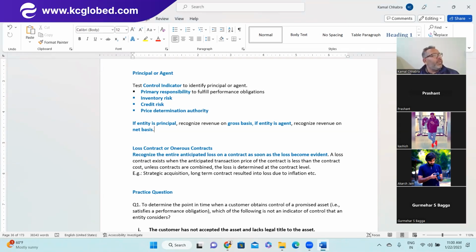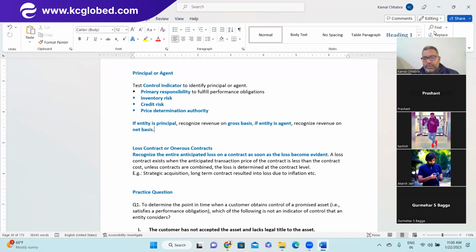For example, if you purchase a car, who has the primary responsibility that the car will be in good running condition, and will provide all the comfort as well as the performance commitment which the company provides to its customer? Who has primary responsibility?